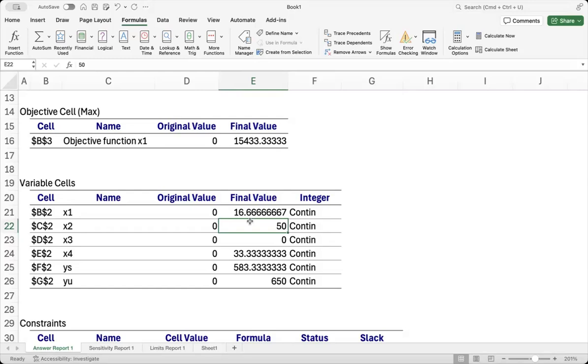And the last column of this table says integer or not. It's continuous, which means continuous, not integer. All right. And the last table, constraints.